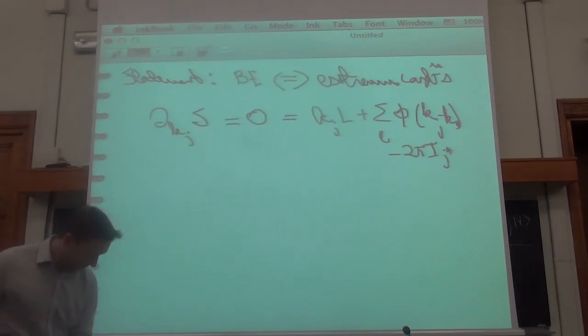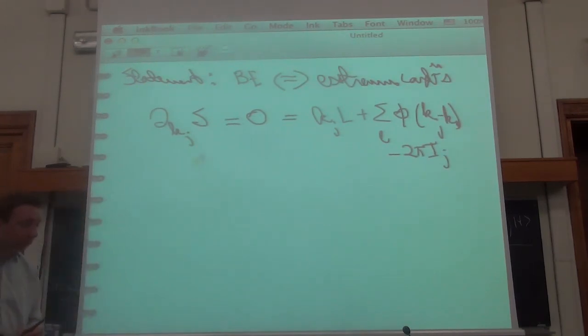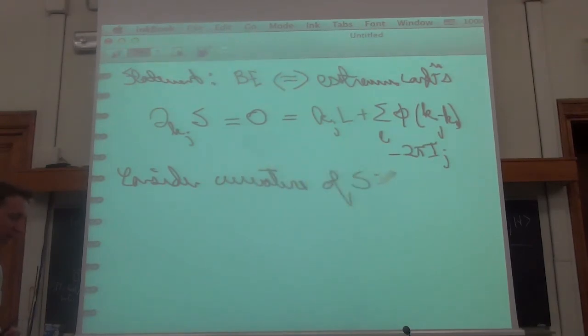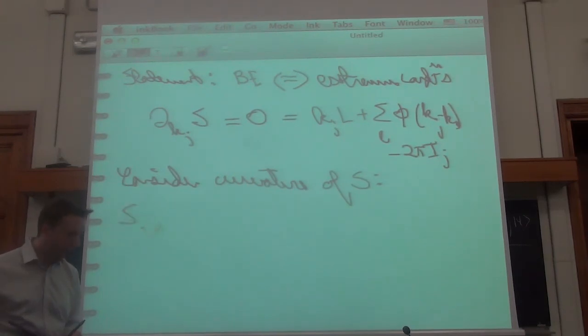So the first step beyond this is to now consider the curvature of S. So what we do is that we compute the second derivative. S_jl is by definition the second derivative of S with respect to k_j and k_l. This is a simple calculation.